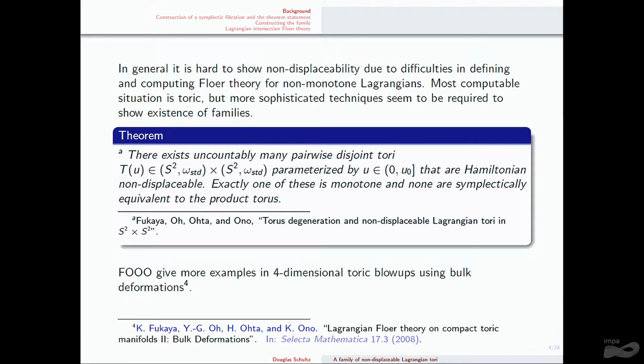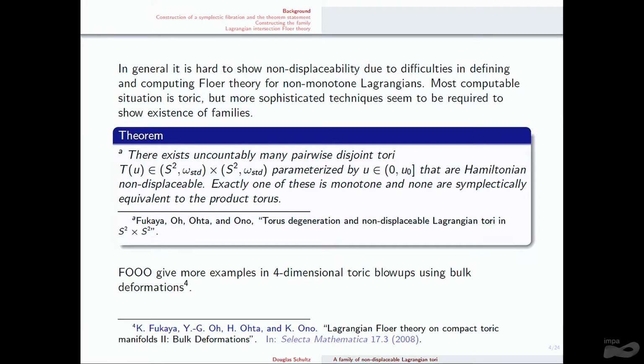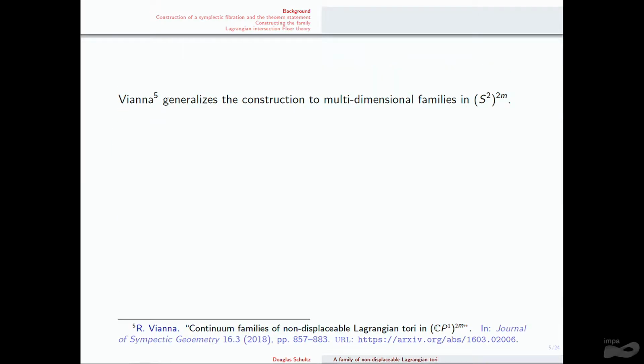Then they give more examples in some blow-ups in 4 dimensions using bulk deformations. Vianna generalizes the above construction to multidimensional families and even products.